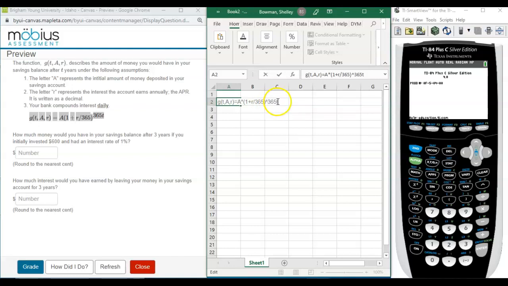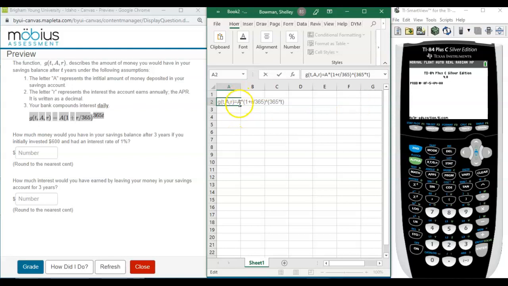And if I don't put the T in a parenthesis with the 365, it won't be up in the exponent. So I need to put another set of parentheses around this, so that all of that goes in the exponent. And again, I don't have an operation between this number and the variable t, so I need to put in a multiplication so that Excel knows to calculate that.